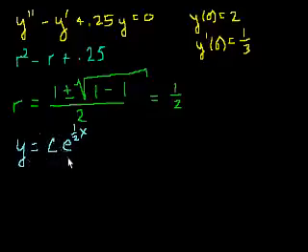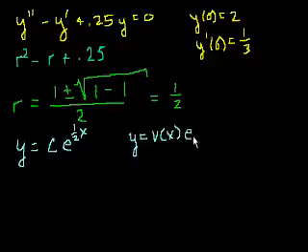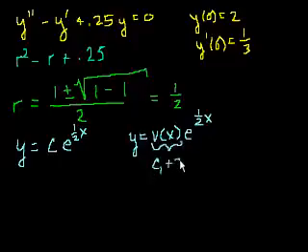And then last time we said, okay, if this isn't general enough, maybe some function of x times e to the 1/2 x, maybe that would be our solution. And we said, it turns out it is. And that more general solution that we figured out, that v of x is actually equal to some constant plus x times some other constant.